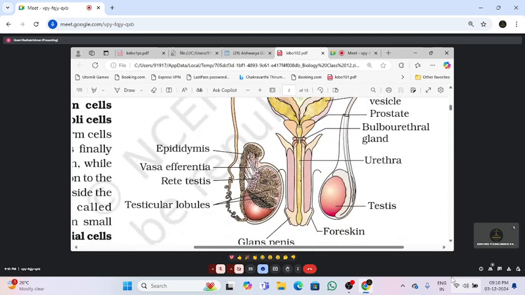Whatever the glands secrete goes to the urethra, and it comes out with the sperm as semen.